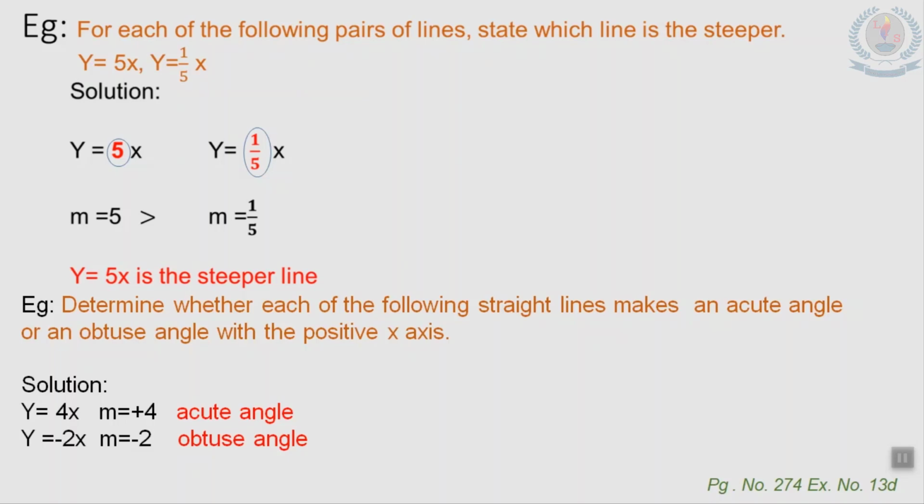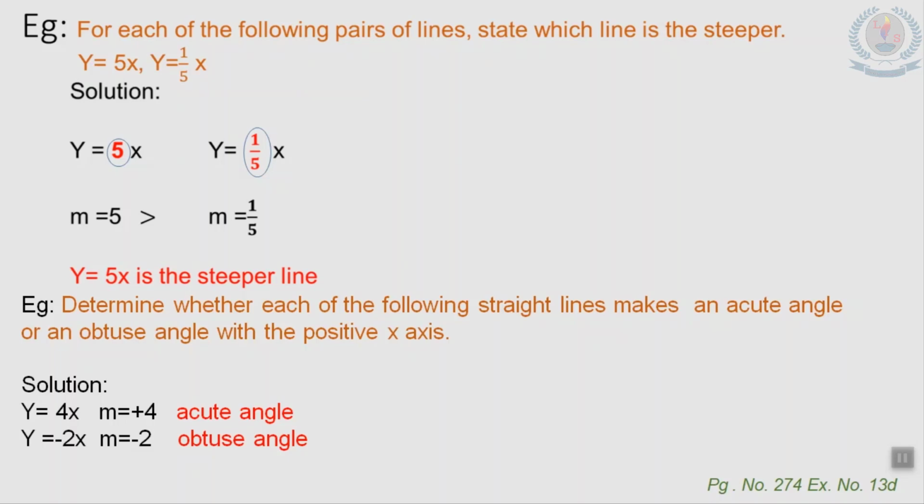Example 2. Determine whether each of the following straight lines makes an acute angle or an obtuse angle with the positive x-axis. The equation is y equals 4x.